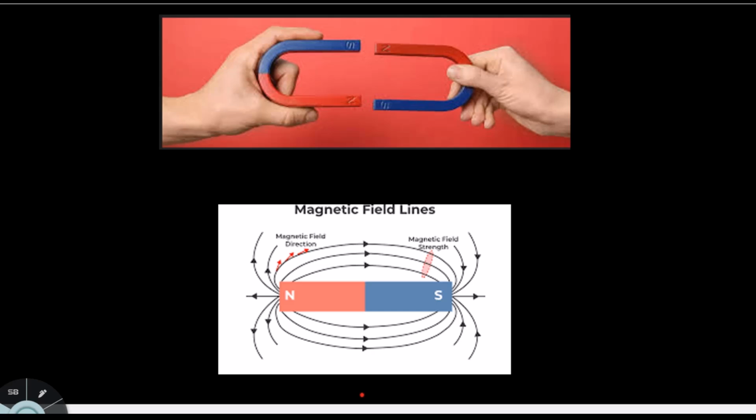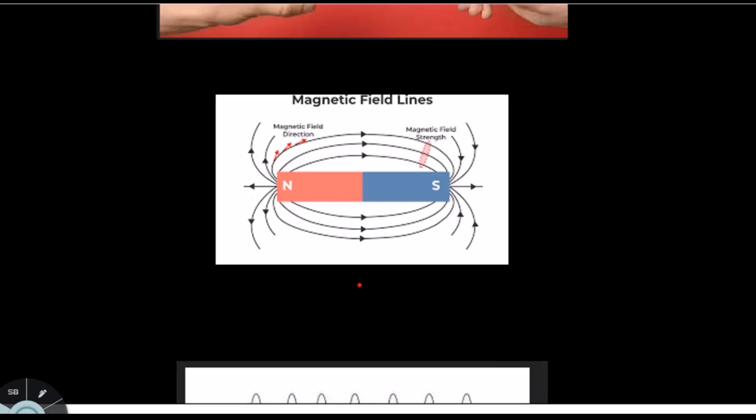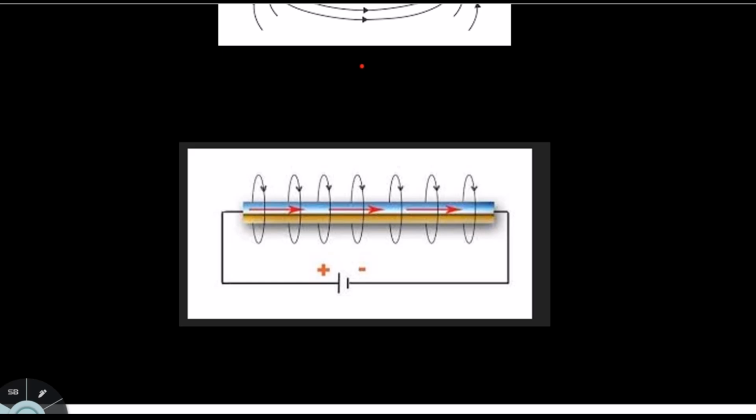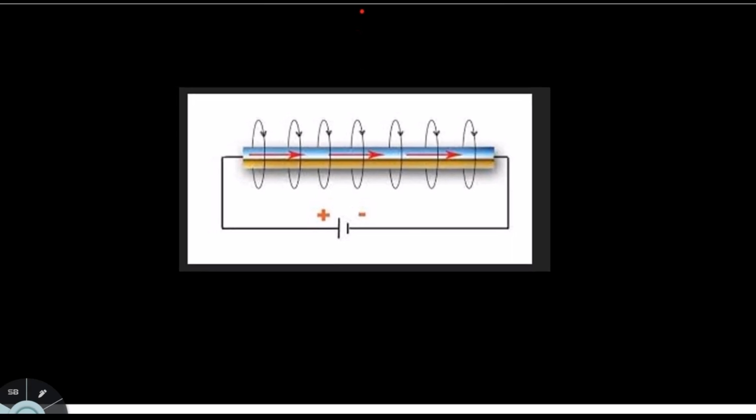The field experienced due to the magnetic effect is called the magnetic field. These are the magnetic field lines. Similarly, when a current is flowing through a conductor, a magnetic field is produced around the conductor. Thus both electric and magnetic fields are closely related to each other.